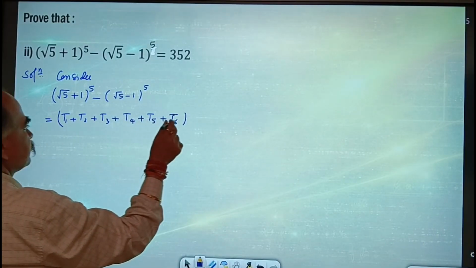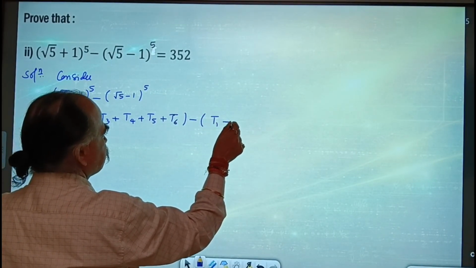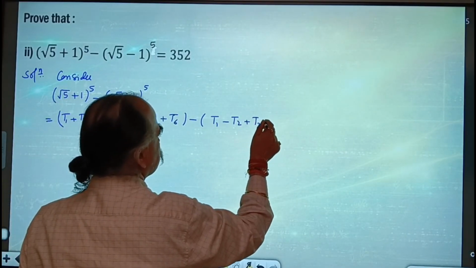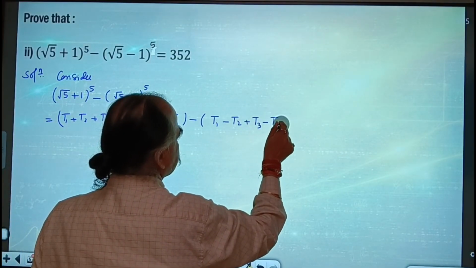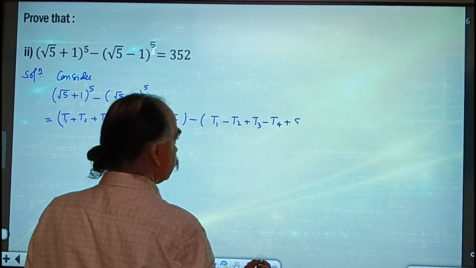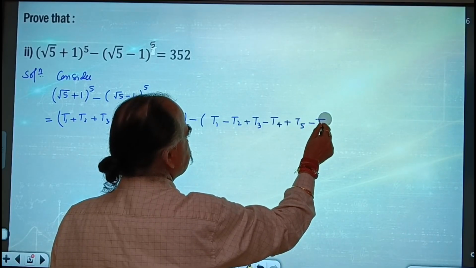Whereas this contains alternate plus minus. So T1 minus T2 plus T3 minus T4 plus T5 minus T6.